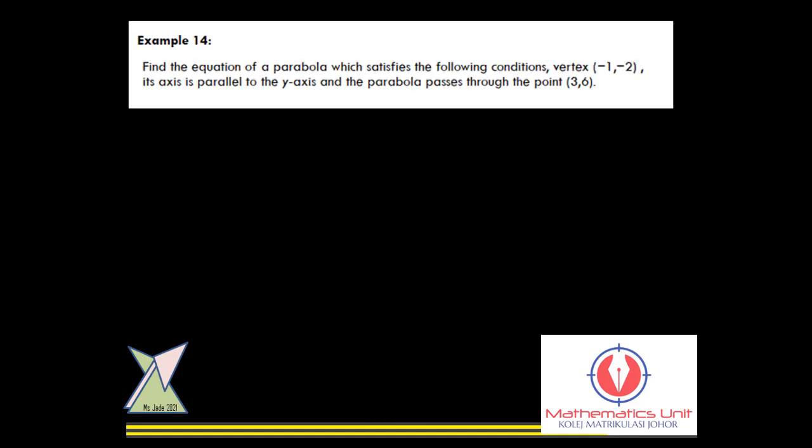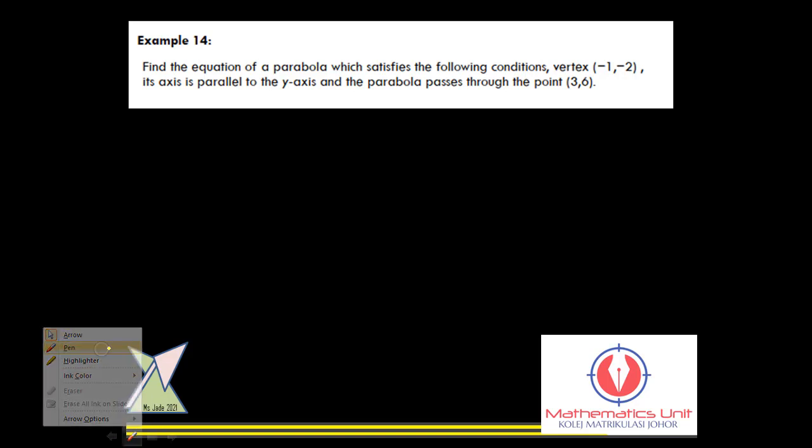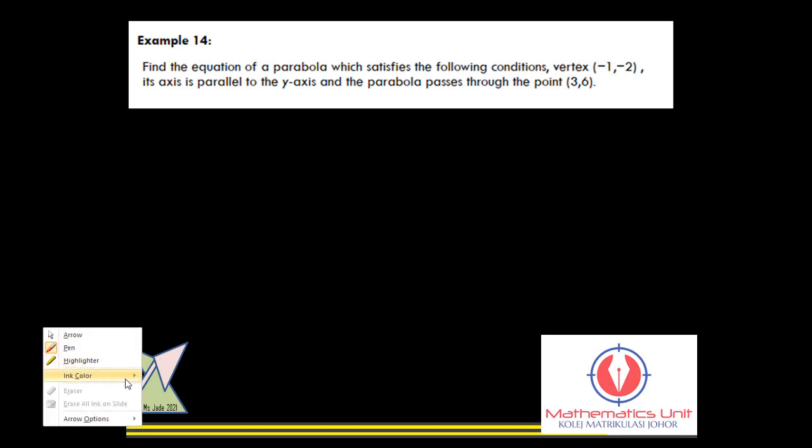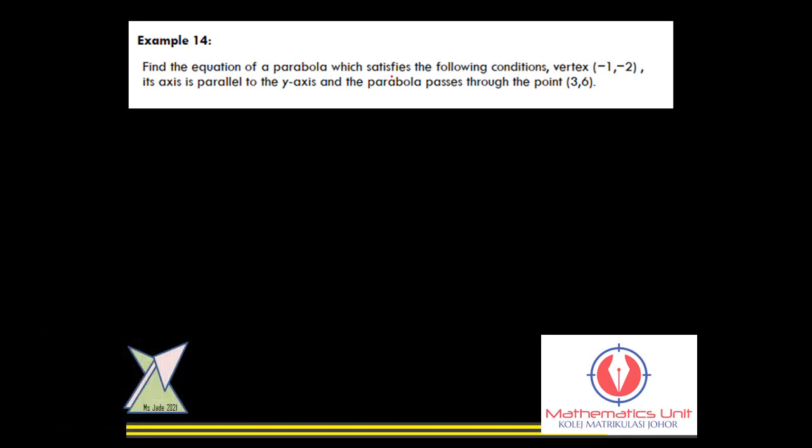Find the equation of parabola which satisfies the following conditions. From the part 1 parabola, we just obtained open to the left, but now the situation is a little bit different. So let us take a look at what is given here. The vertex is -1, -2, so this is h, k. Okay, so these two numbers are settled.